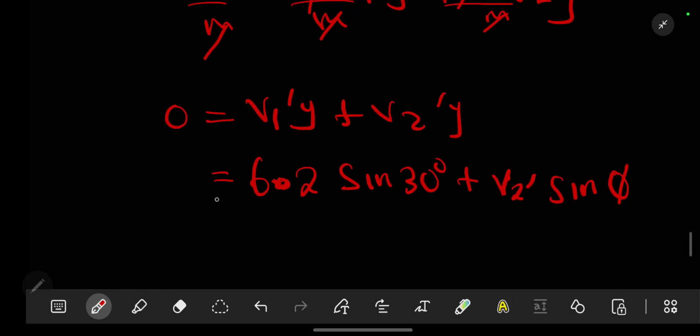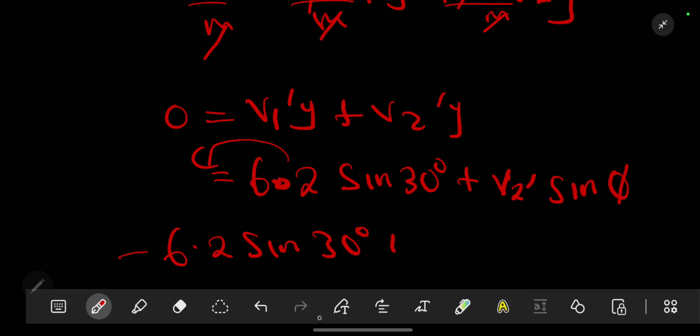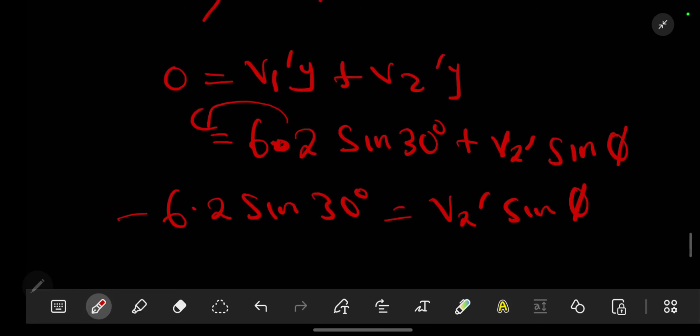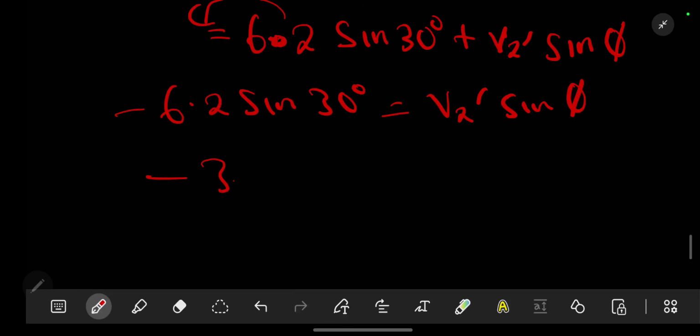So this will go to this side, it will be negative 6.2 sine of 30 degrees, which should be equal to v2 cap sine of this angle. The 6.2 sine of 30 degrees gives us negative 3.1, which should be equal to v2 cap sine of theta.